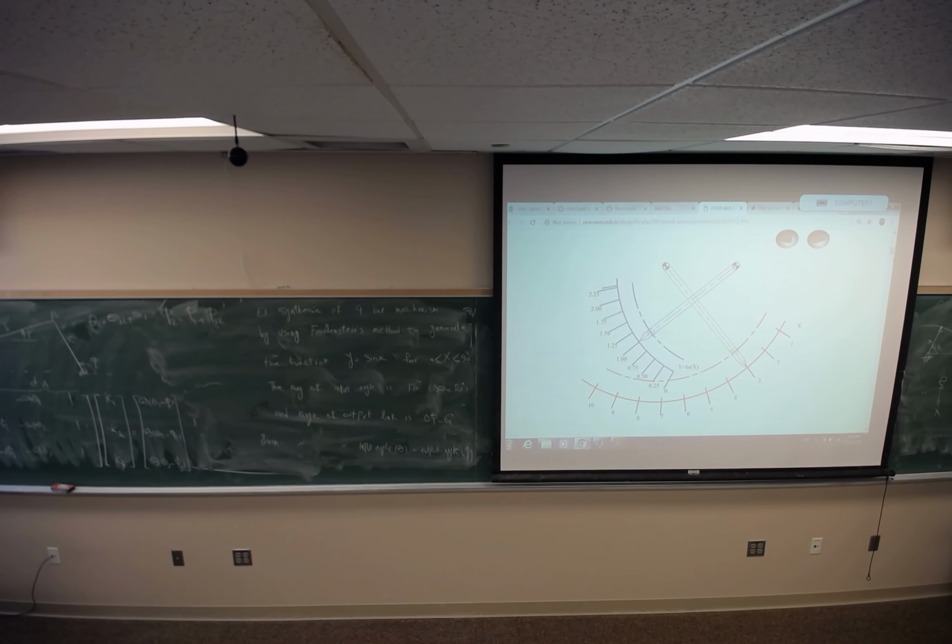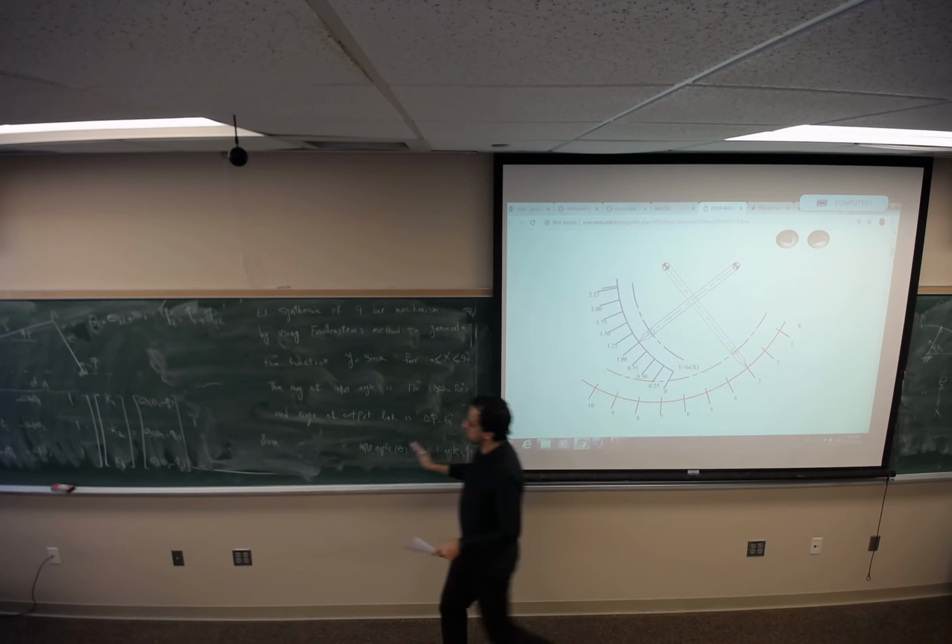This one is starting from 0 all the way to 90 degrees. This one should start from sine of 0 all the way to sine of 90 degrees, which is 1. We would like to design something like this.